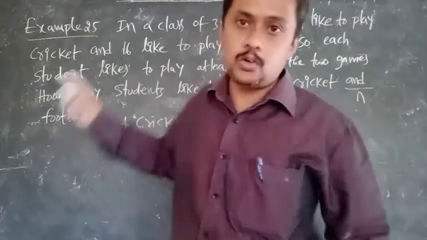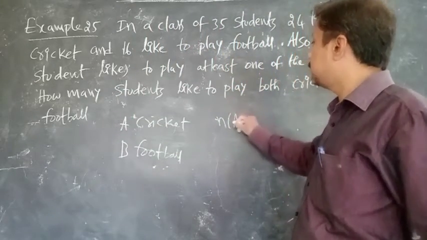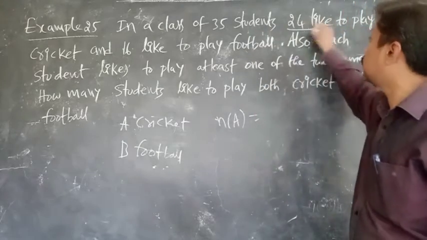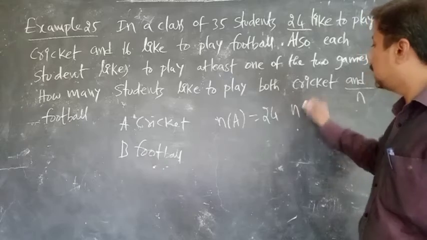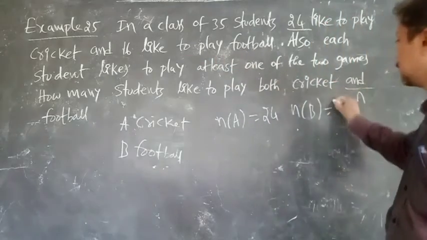So you have to do this one as homework. See, n of A means what? In a class of 35 students, 24 like to play cricket, so n of A is 24. n of B football is 16.